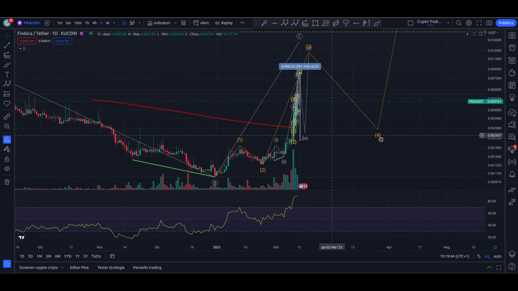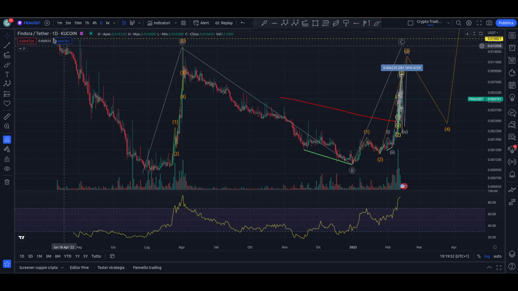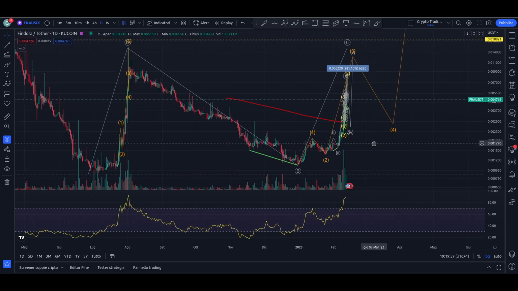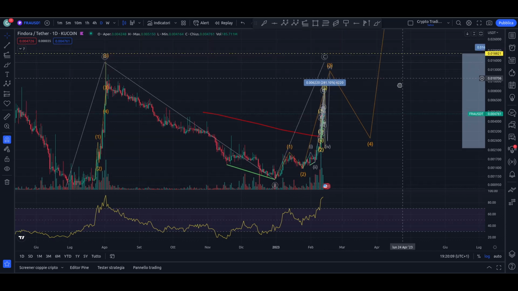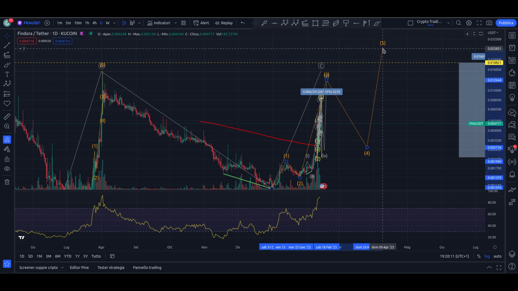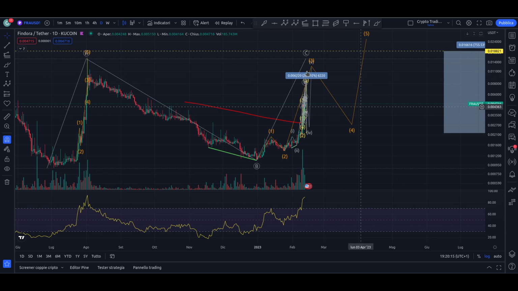Let's take a look at the daily time frame. As you can see, we recognize the overall move. We also tried to acknowledge an impulsive wave here. We will, of course, see if it plays out, but for the moment we have to just follow and look for divergences.